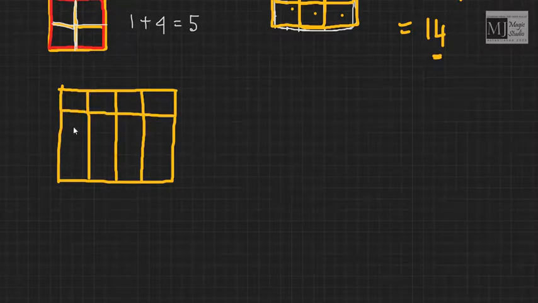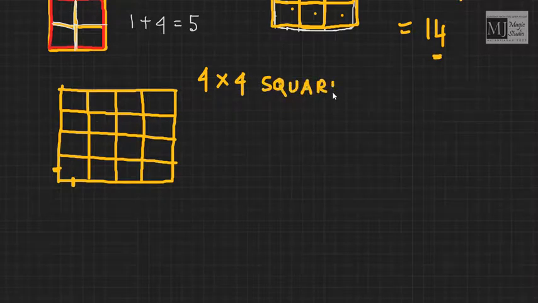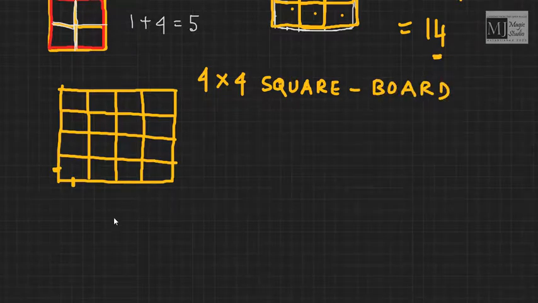Then I have 4 rows of equal length. That means each side is of equal length. Now I can see this is a 4 into 4 square. What do we call this? A 4 into 4 square board, or checkerboard, whatever name you feel good with.